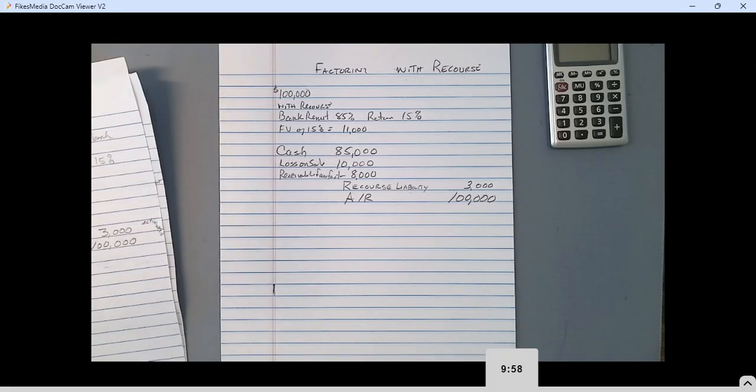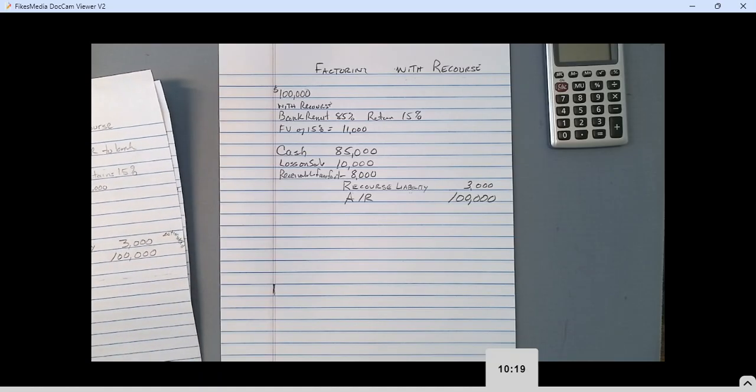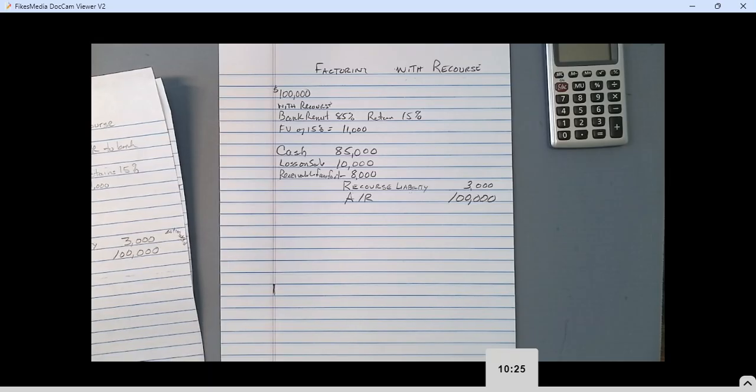Since it's estimated at 3,000, if my estimate is low and I do more, then I would have a gain on sale. And I would have posted the loss on sale at the time. And then if my recourse liability estimate is over or under, I adjust the loss on sale as it's realized. Only if the gain is realized would I recognize it then.